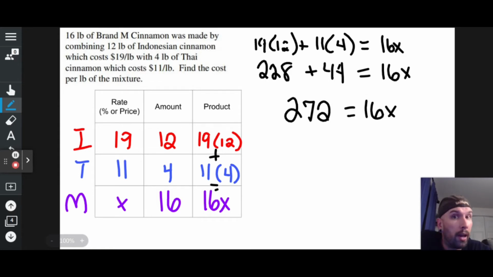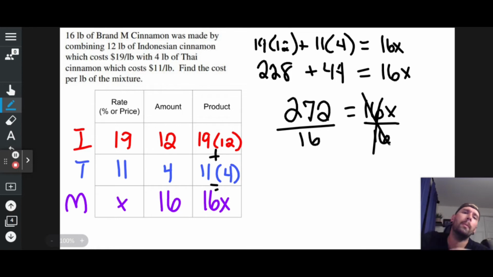Is x all by itself? No. Divide both sides by 16. Divide everything by 16. Bada bing. 272 divided by 16. The answer is 17. 17 is equal to x. What was x?